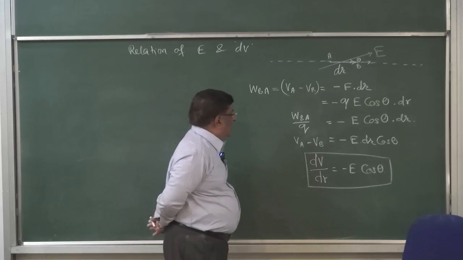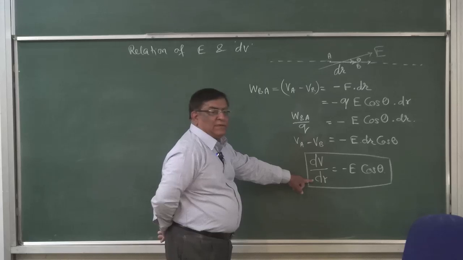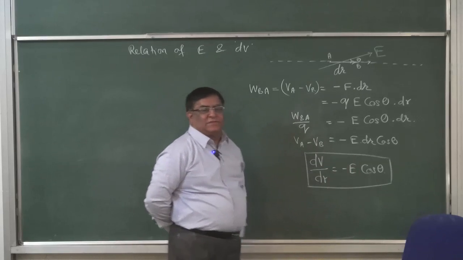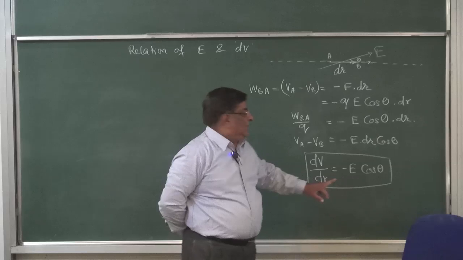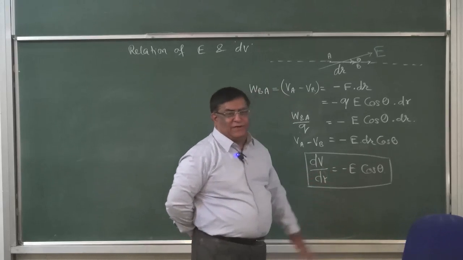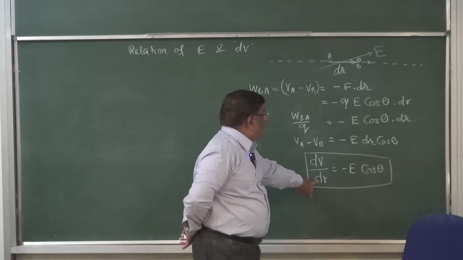So, potential difference per unit length is minus E cos theta. This is the relation of electric field intensity and potential difference in the direction of R.